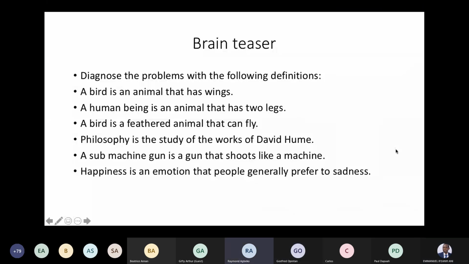Please, it is a too broad definition. Too broad. So explain why it's too broad. Because saying that a bird is an animal with wings makes it too much, because not every animal with wings is a bird.